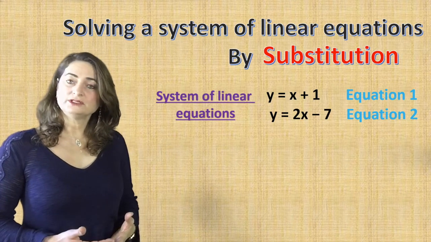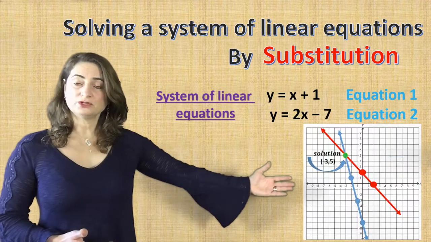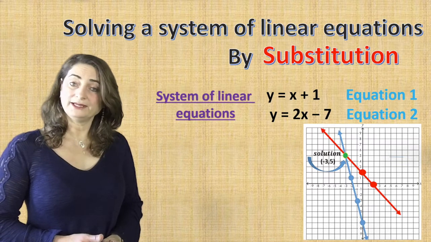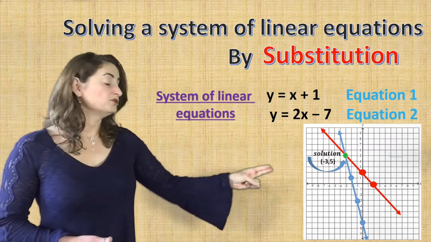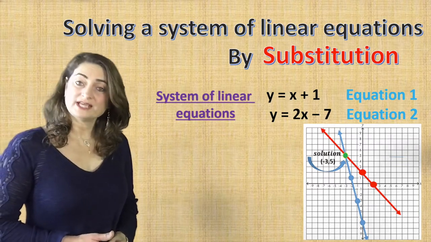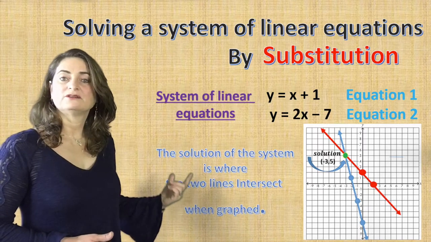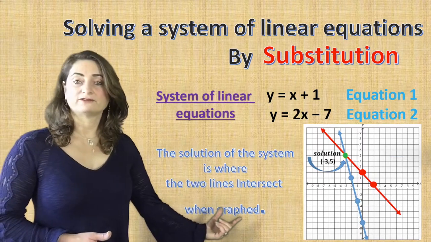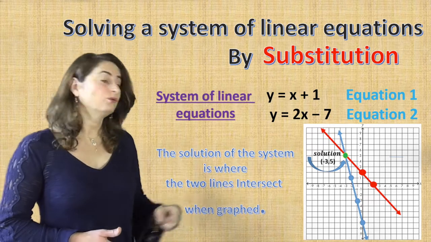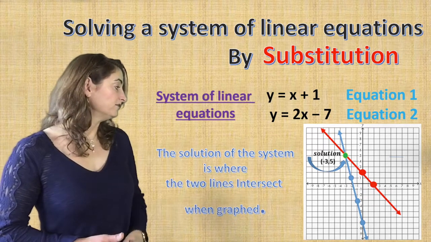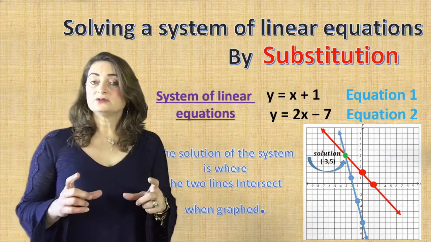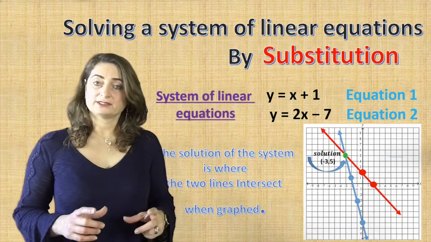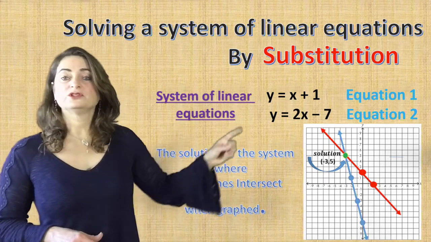And we also learned last lesson how to graph those two equations on the same coordinate plane. Where the two lines meet or intersect, that is the solution of the system of linear equations when graphed. So look at the two lines: where they intersect is (-3, 5). This is the coordinate pair, the value of x and the value of y, that makes both equations true.